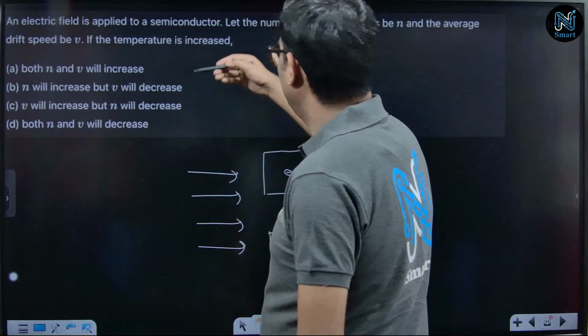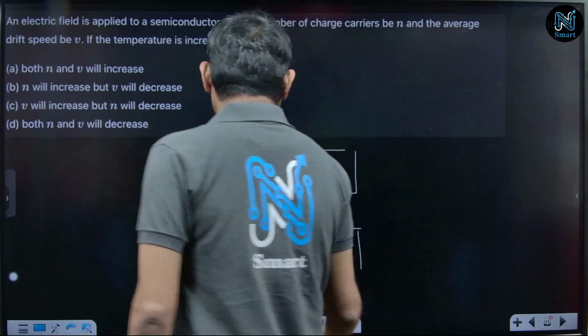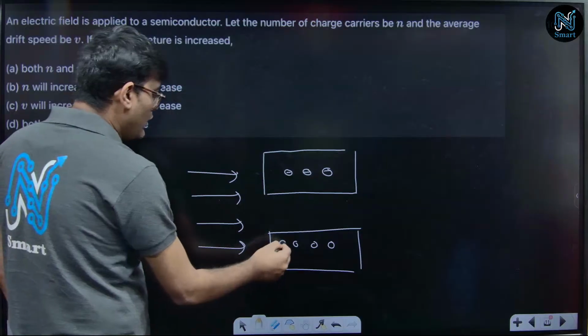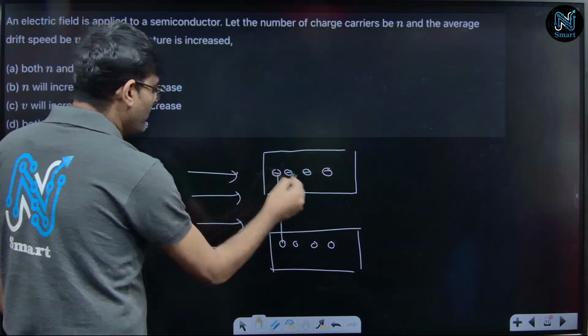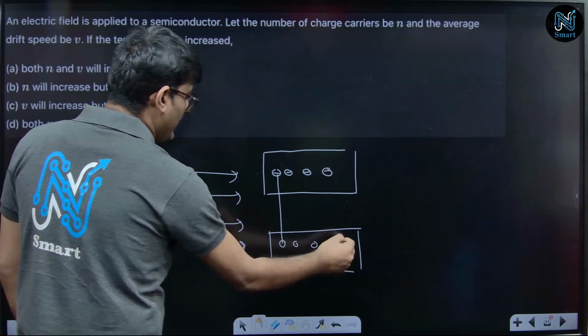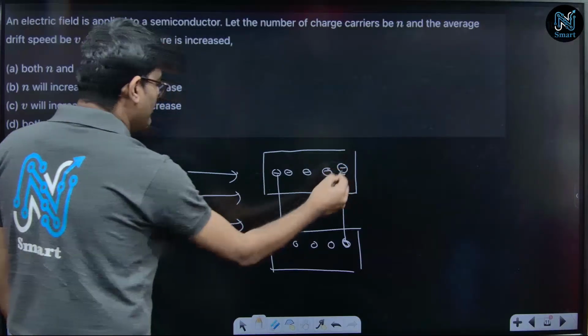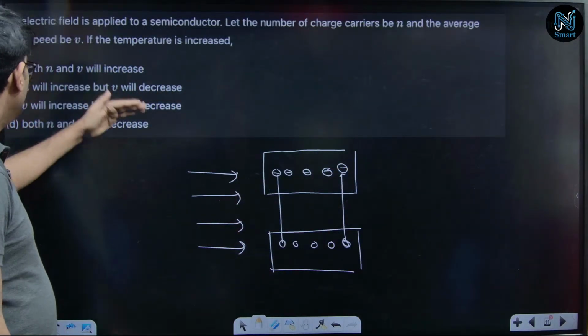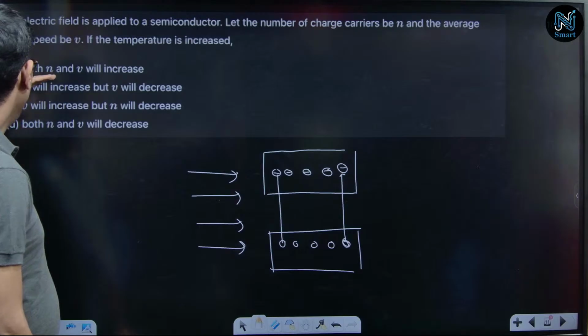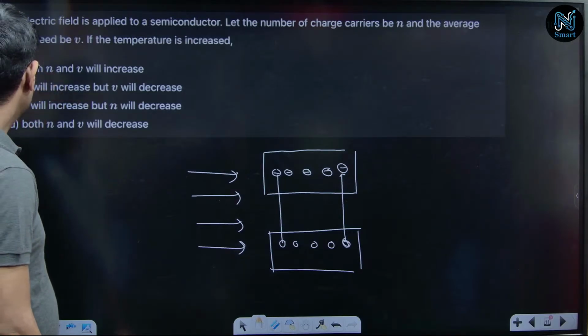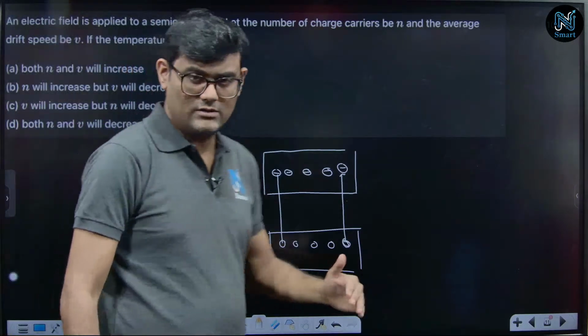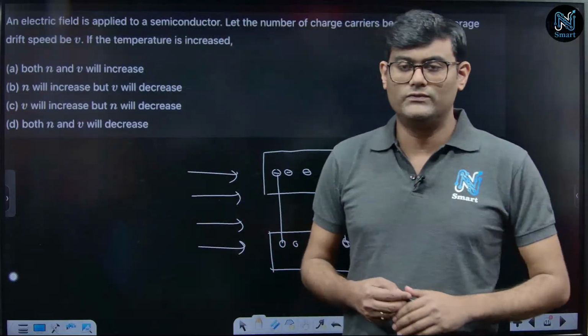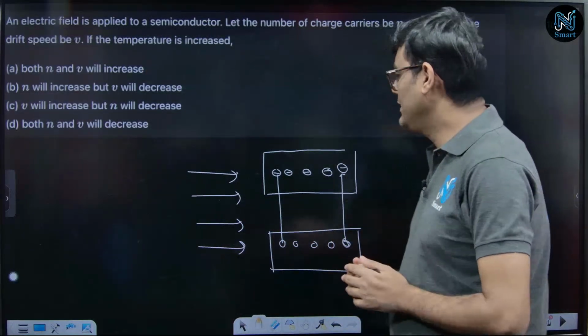If I increase the temperature, of course, then more number of hole and electron pairs will be generated, right? So n will increase, that is for sure, the number of charge carriers will increase.